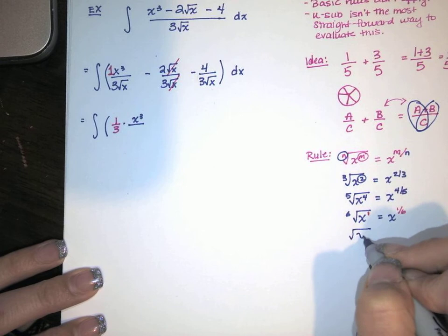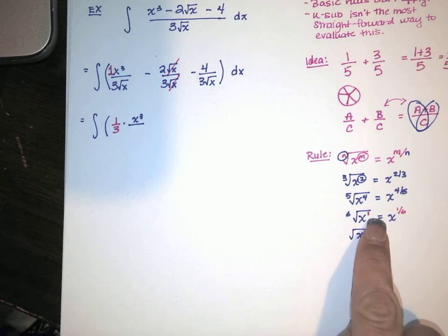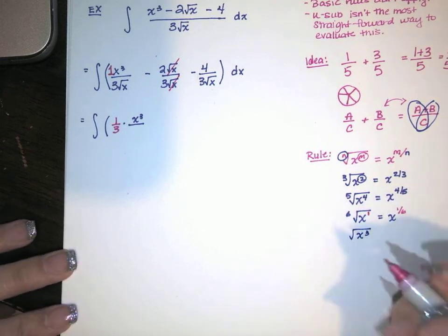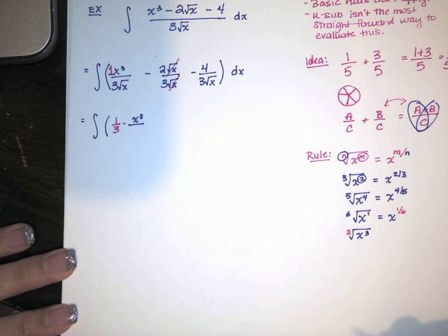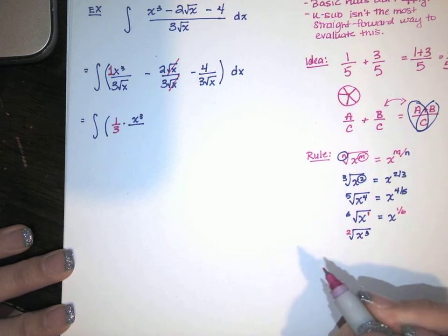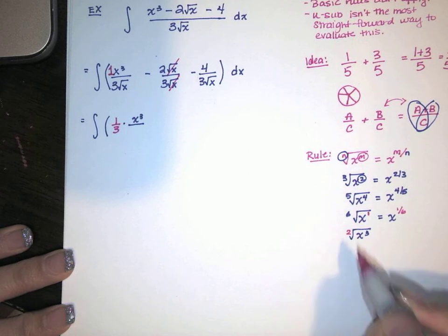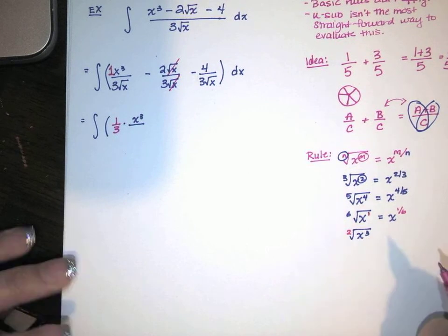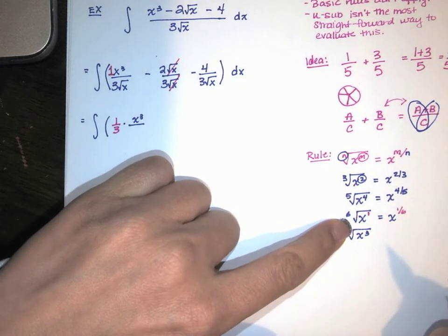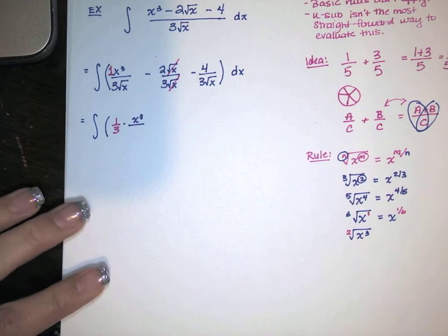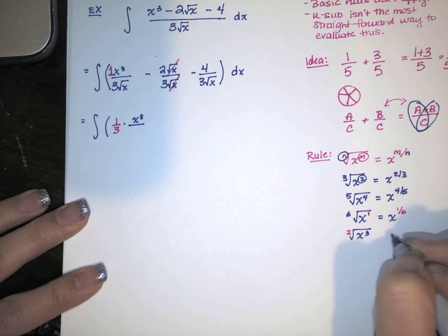Now square roots are a little different. Just like there's an implied 1 there when there's an x, with a square root there's always an implied 2 on the index. 3rd root, 4th root, 5th root, any other root we have, they're going to have to tell you the index of the root. But with a square root, they don't tell you. It's just assumed that there's a 2 there. So this is actually x to the 3/2 power.